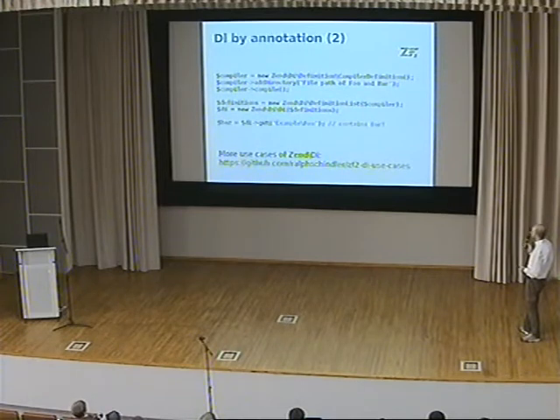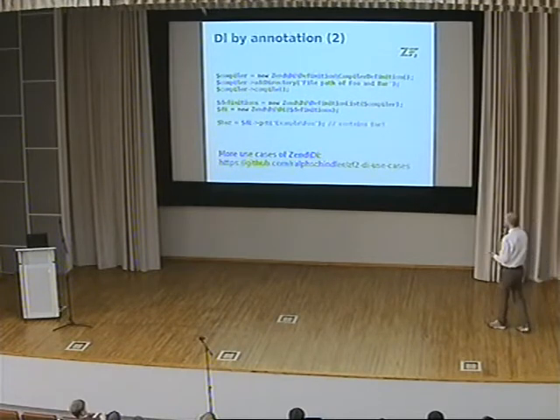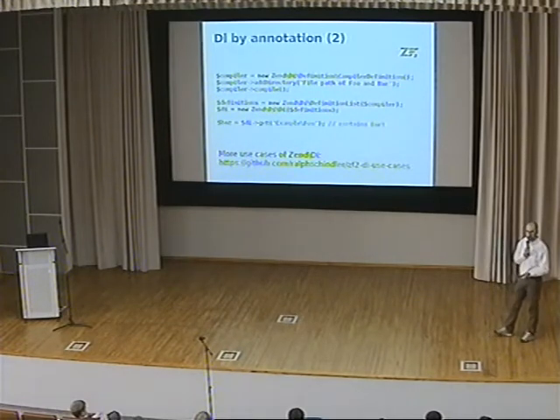And basically, you can get the class, and the DI is able to instantiate the bar before you use the class. If you want to know more about ZendDI, here I reported the URL of Ralph Schindler, that is my colleague at Zend, the guy that wrote the ZendDI container. And here you can find a lot of different use cases.